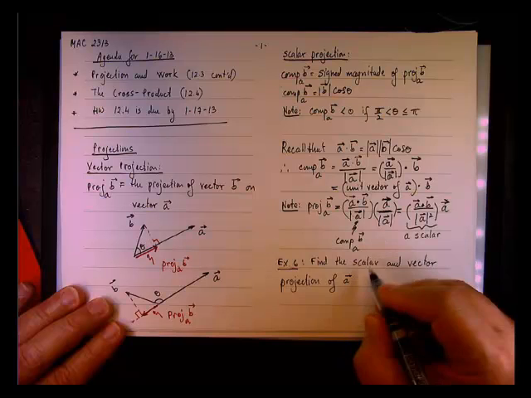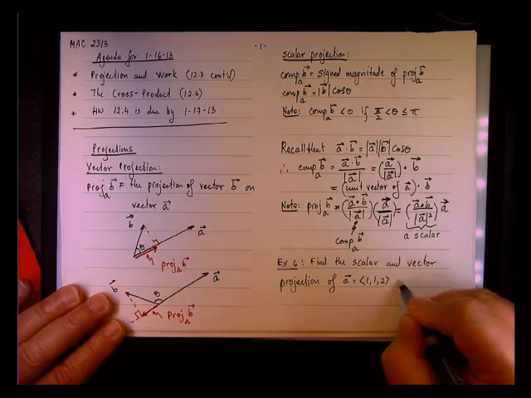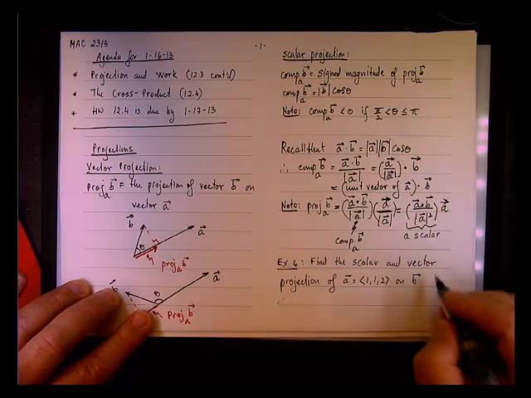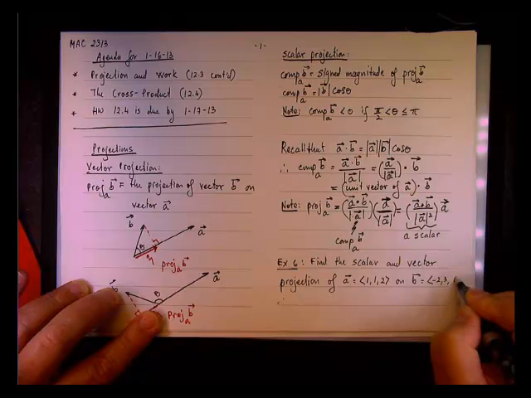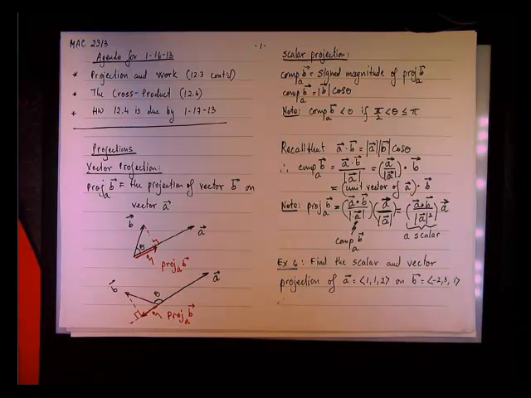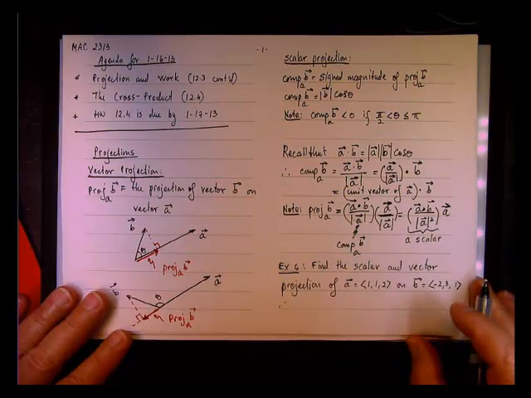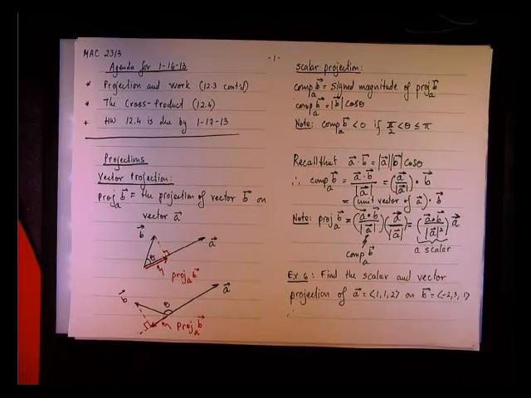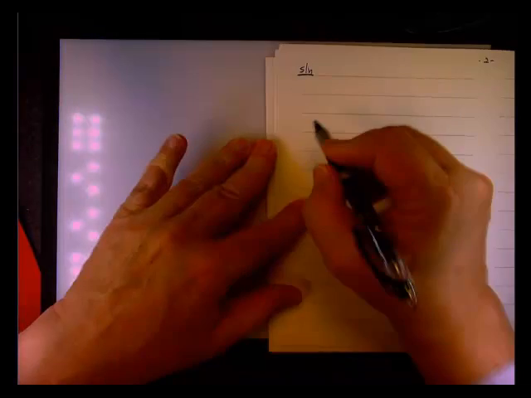Find the scalar and vector projection of A, the vector 1, 1, 2, on vector B, which is negative 2, 3, and 1. Okay, the solution on the next page.